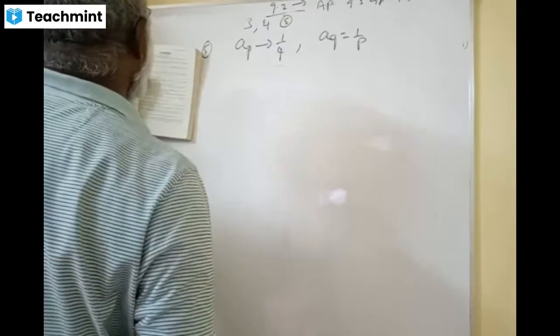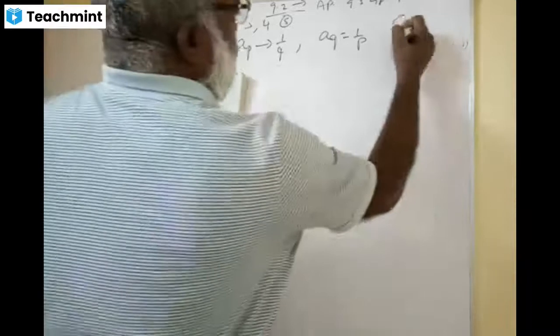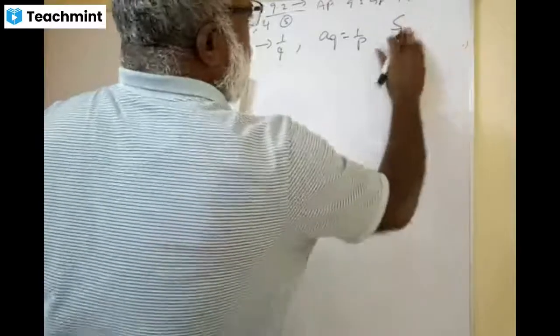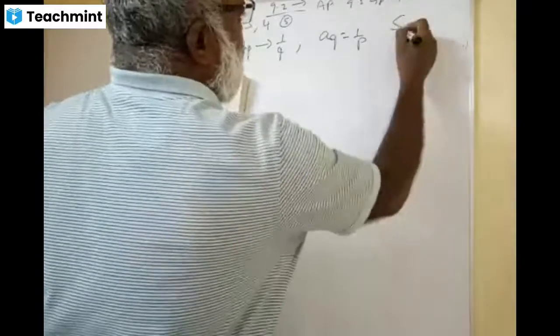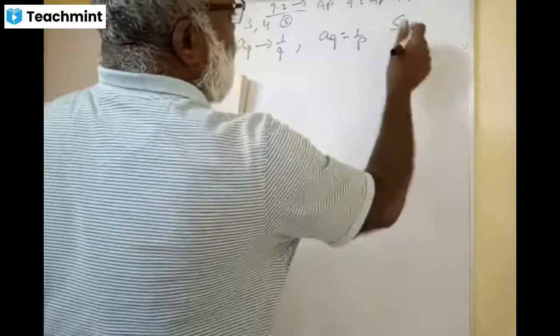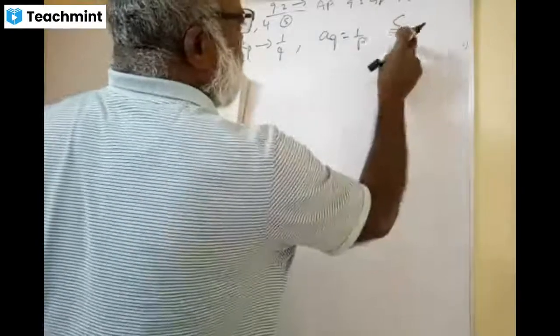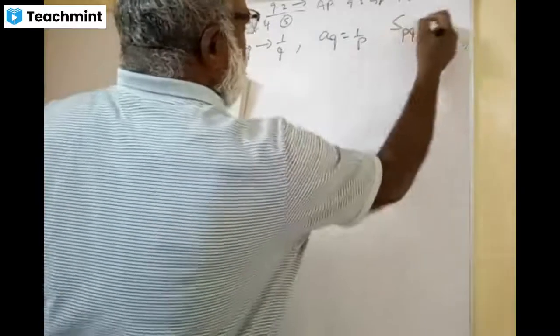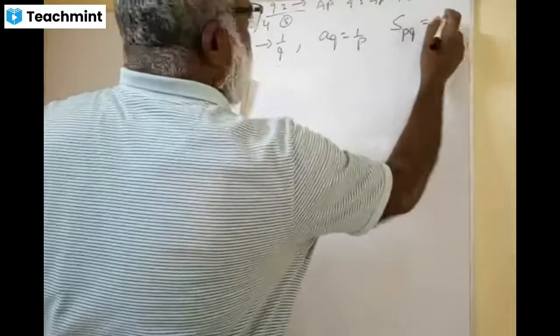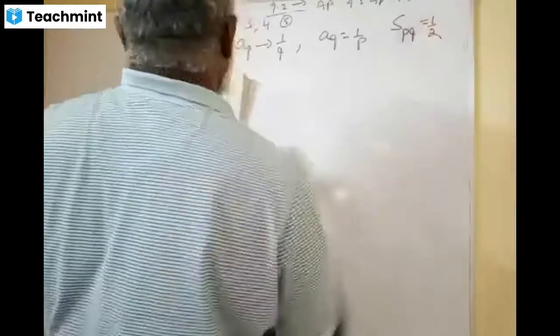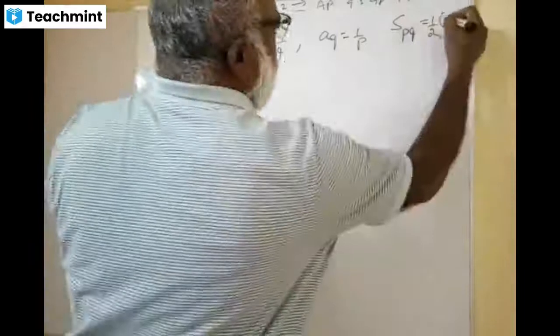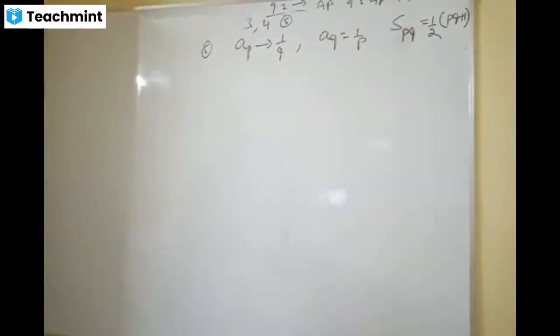Prove that the sum of the first PQ terms, S of PQ, is half into PQ plus 1. What a question it is.